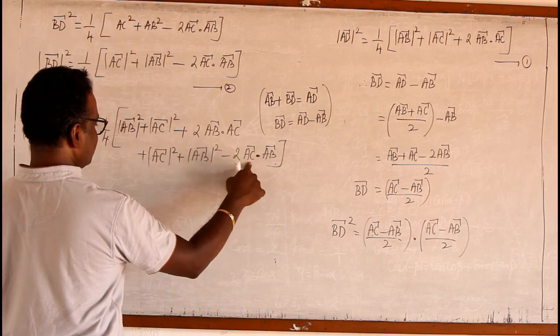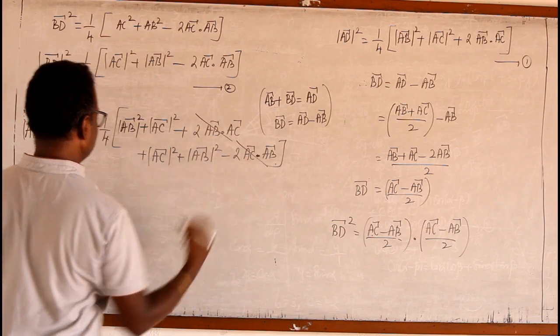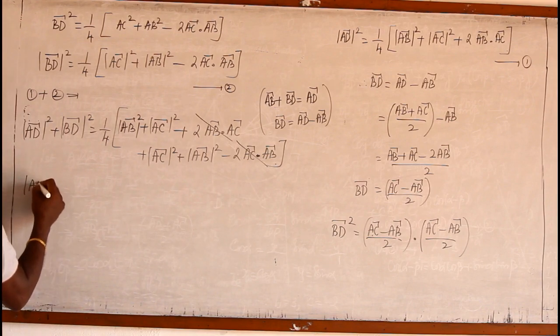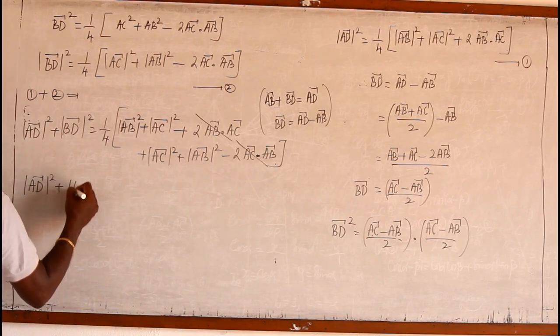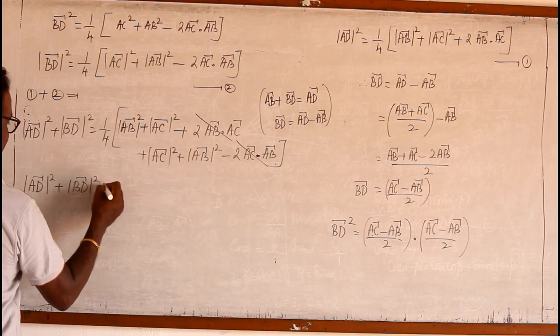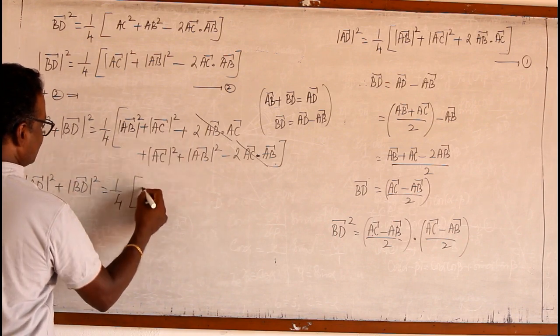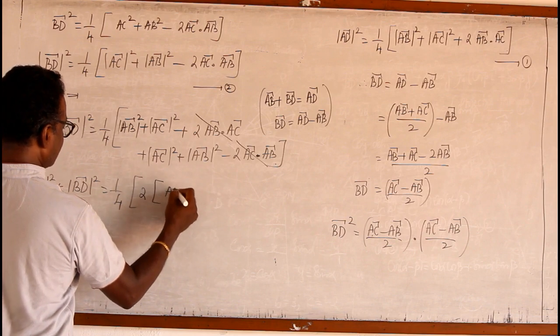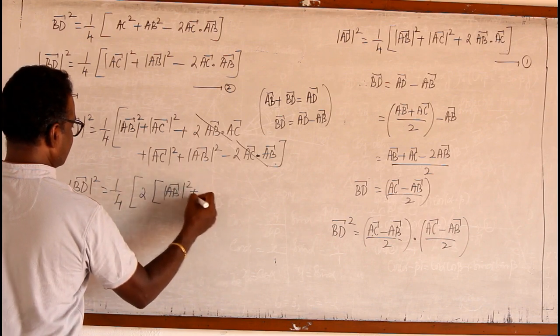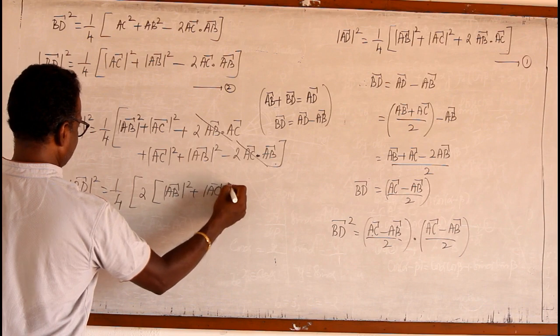This is plus 2AB dot AC and this is minus 2AB dot AC, so these two cancel. So AD square plus BD square equals 1 by 4 into 2AB square plus 2AC square, 2 into AB square plus AC square.